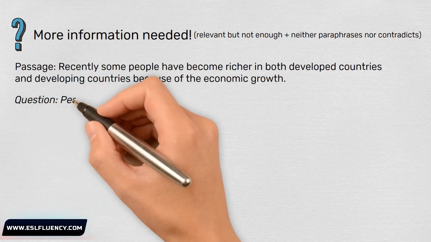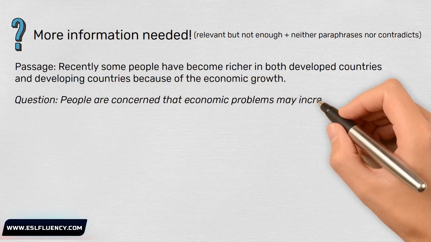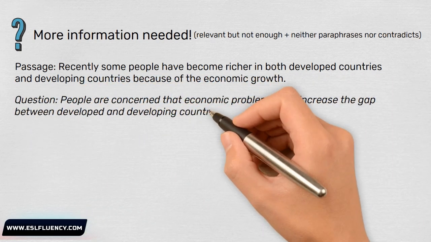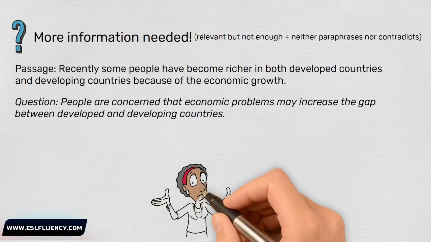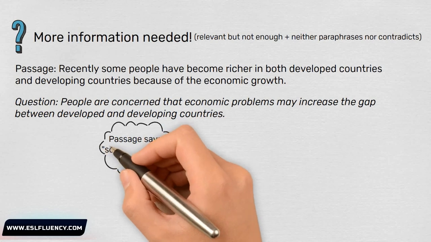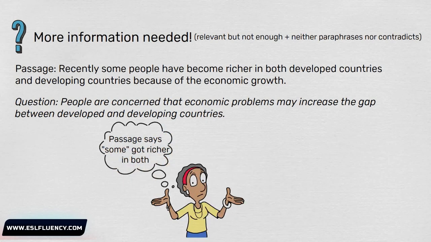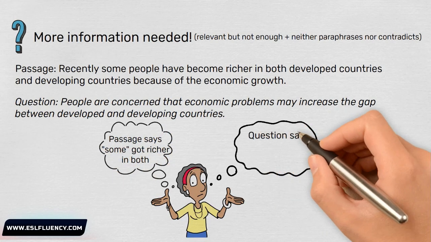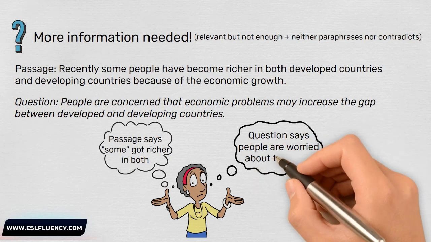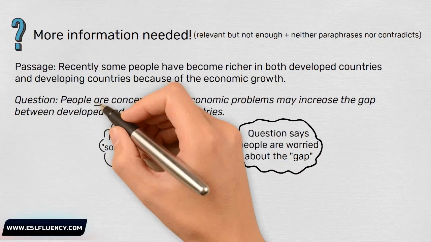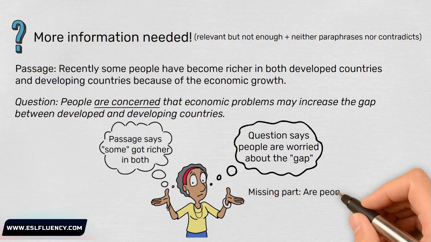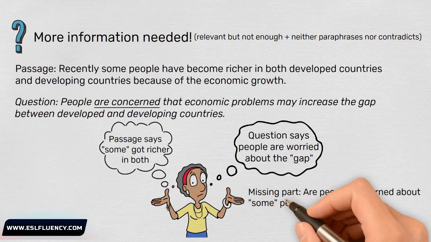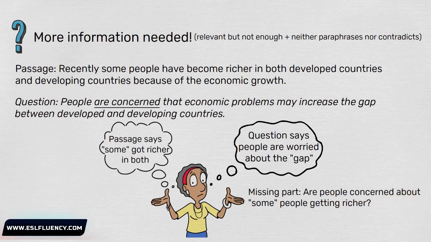And the question says, people are concerned that the economic problems may increase the gap between developed and developing countries. You might say, well, the passage only talks about people getting richer because of the changes in the economy, nothing about whether people see it as a good thing or a bad thing. So, the passage needs to continue talking about that so we see the answer clearly. But this part is missing from the passage. In other words, it's not given.